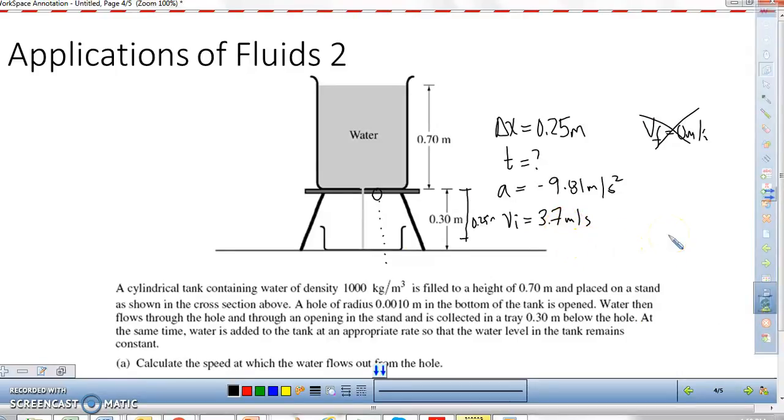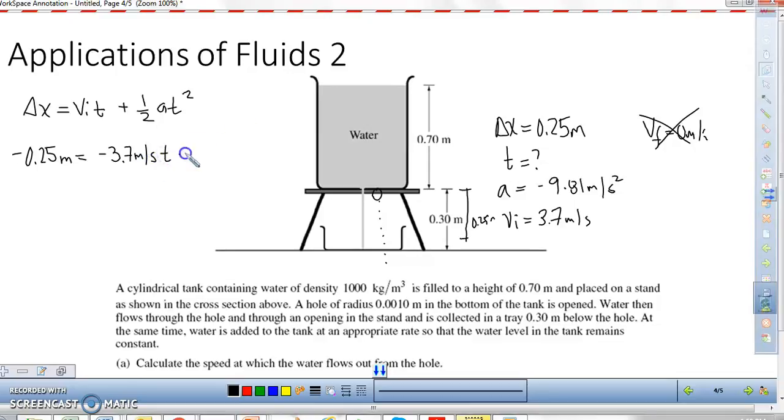So the most direct way to solve this is to use this equation, but it's not the best way because you end up with a quadratic. But it does work if you use this. The way you plug it in is the negative 0.25. Notice I made it negative because it's falling.